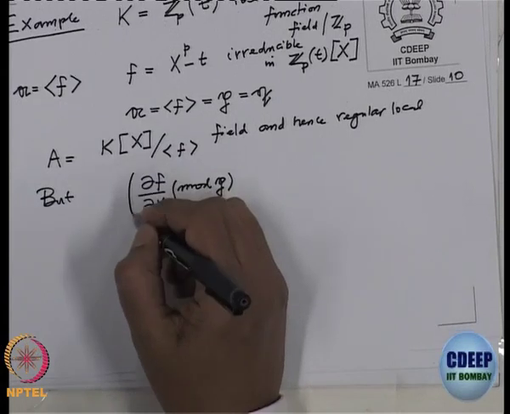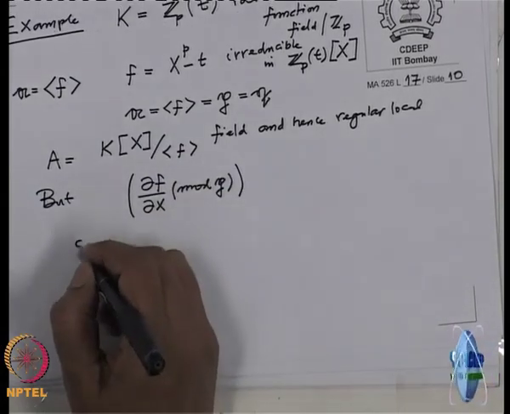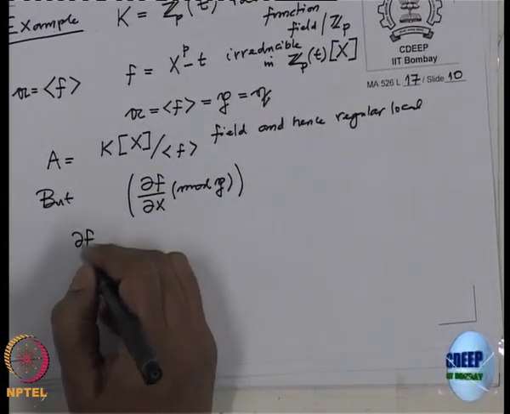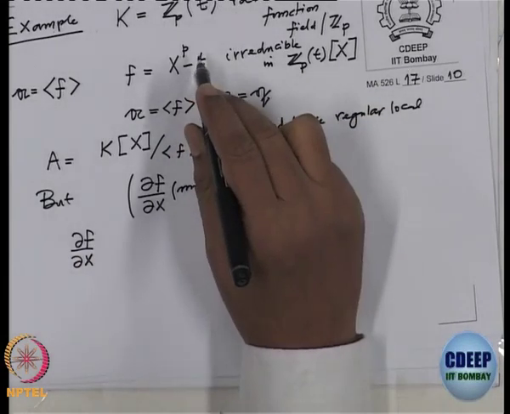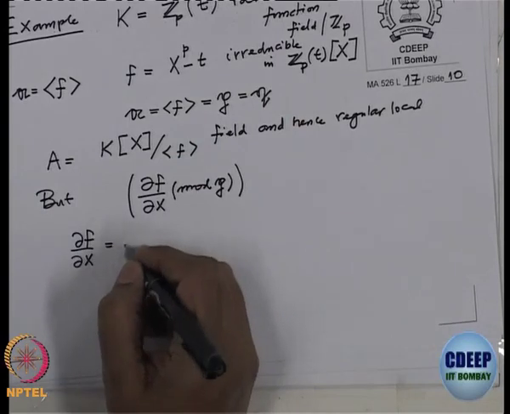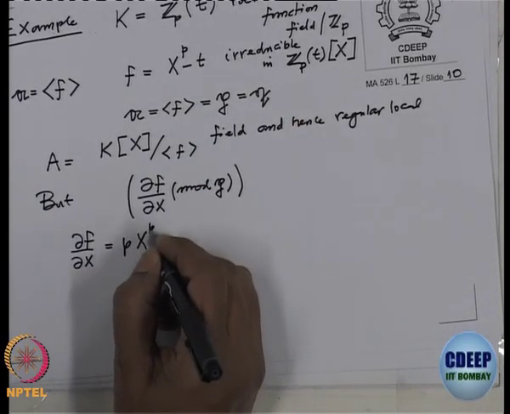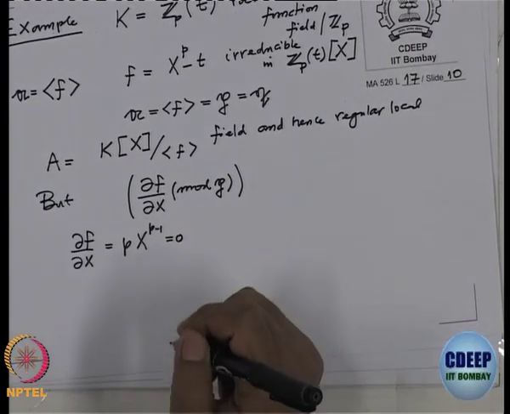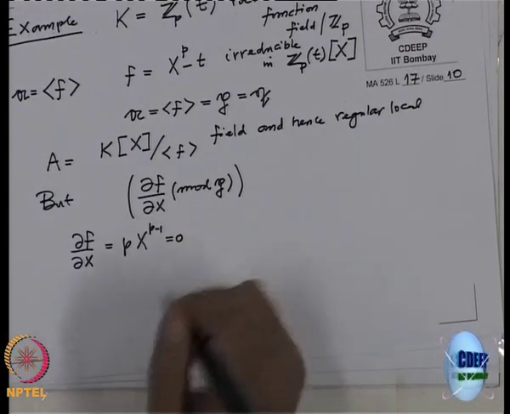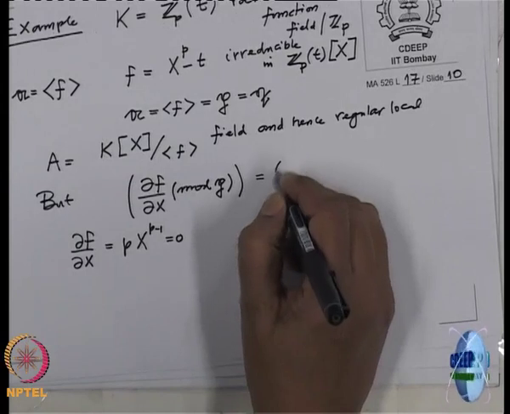But what is this? What is first of all df by dx? I have to differentiate with respect to x. That means this is p times x power p minus 1, and t is treated as constant, but this is 0 because p is the characteristic. So, actually this is a 0 matrix.